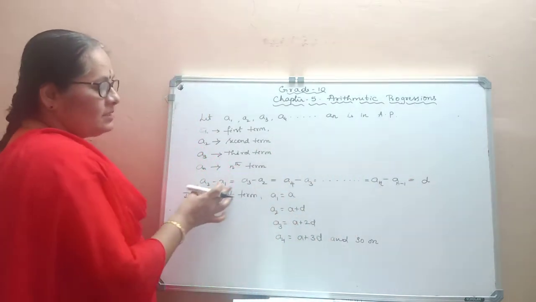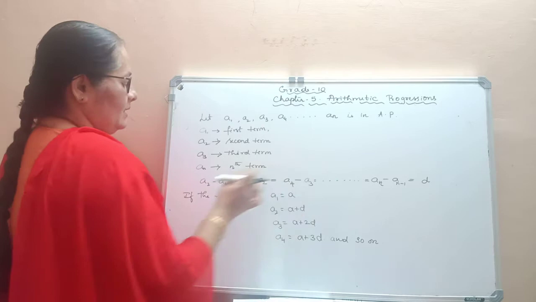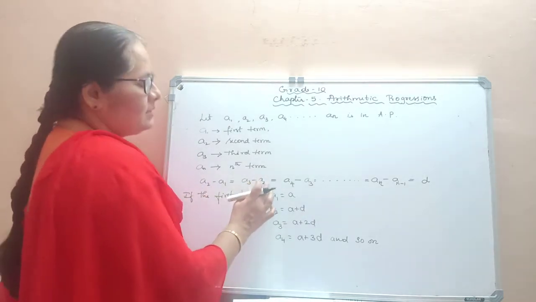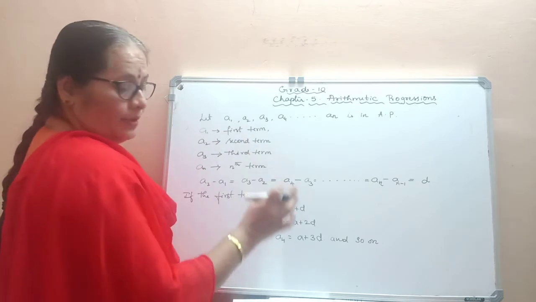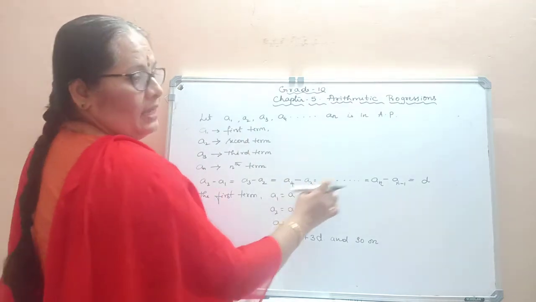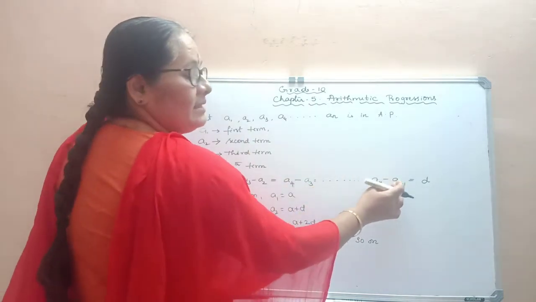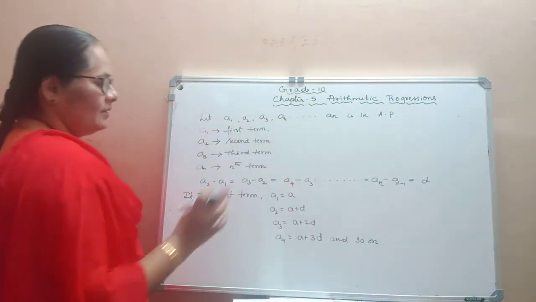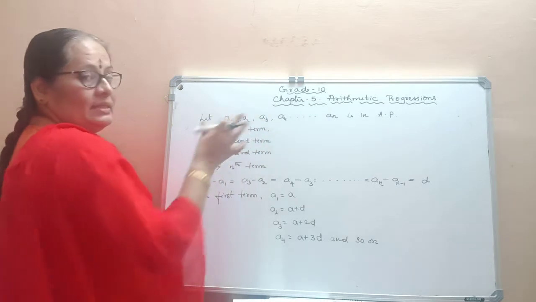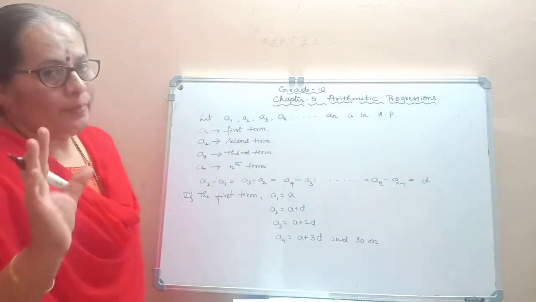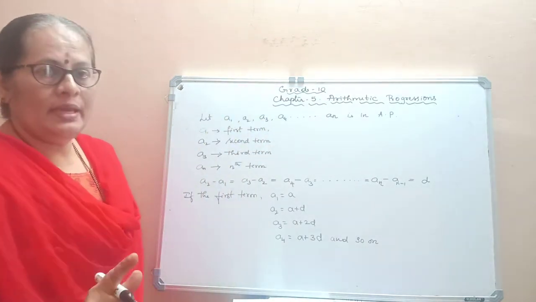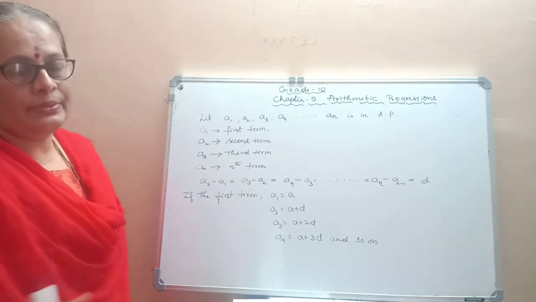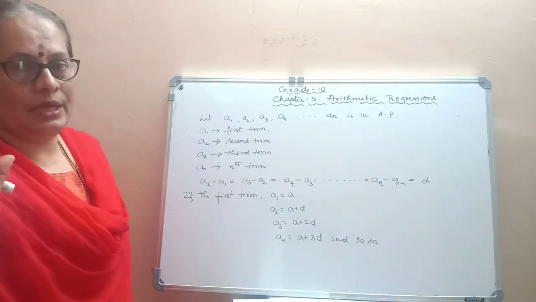If the difference between all these terms, that is A2 minus A1 is equal to A3 minus A2, which is equal to A4 minus A3, up to An minus A(n minus 1), equals d, then the sequence is in arithmetic progression. There should be a common difference. The difference can be positive, negative or 0.